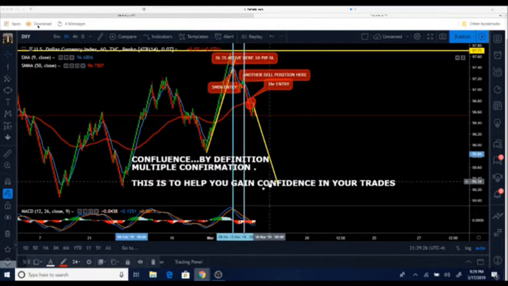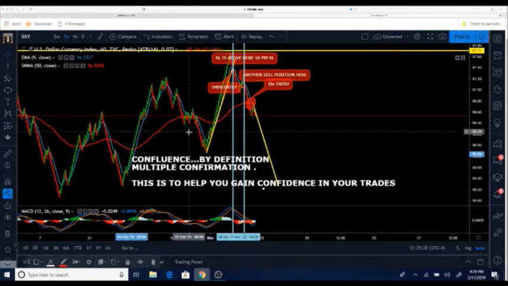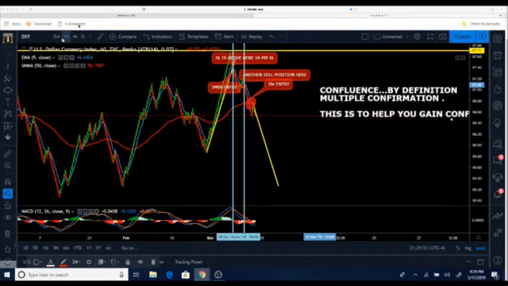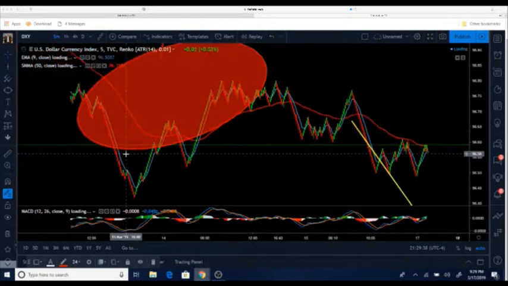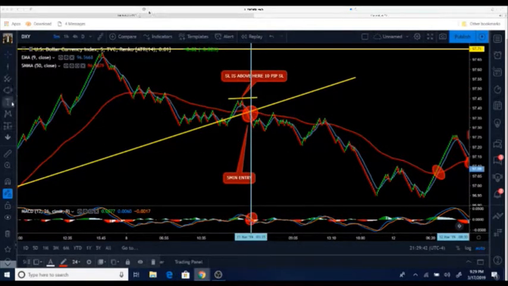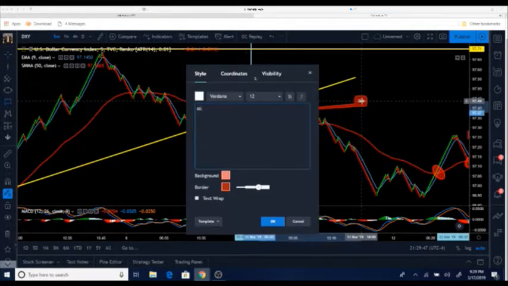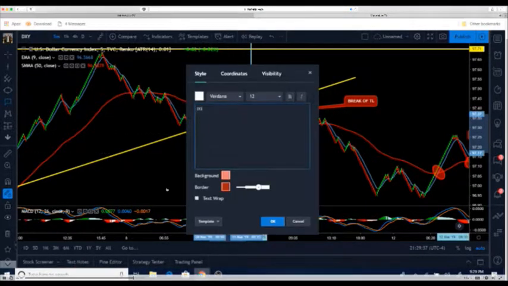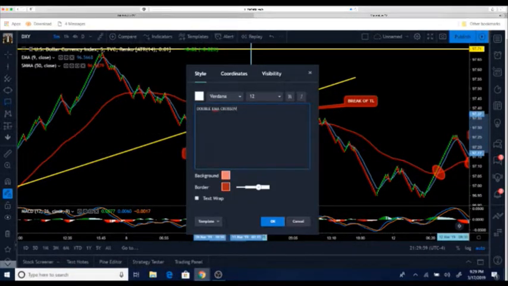When you're confident in your analysis because you have multiple confirmations going your way, I got the break of the trend line. I got my EMA crossovers, the double EMA crossover.